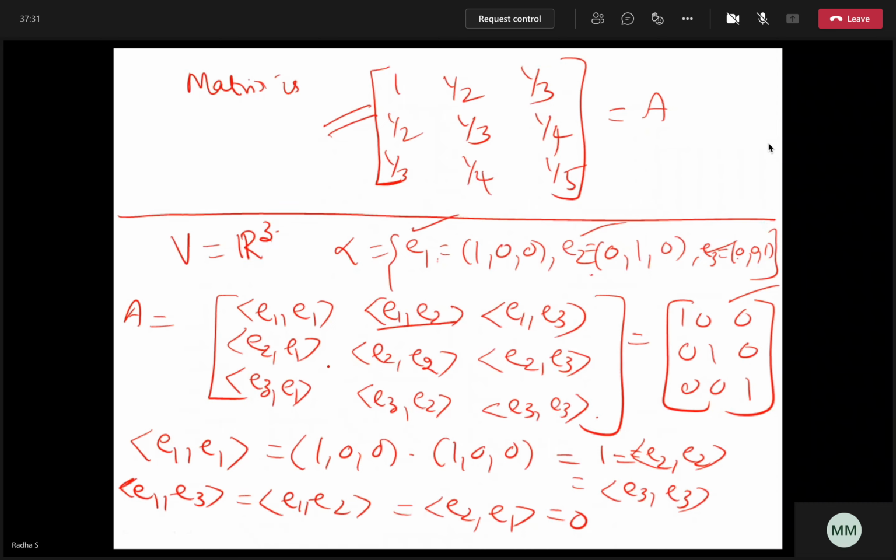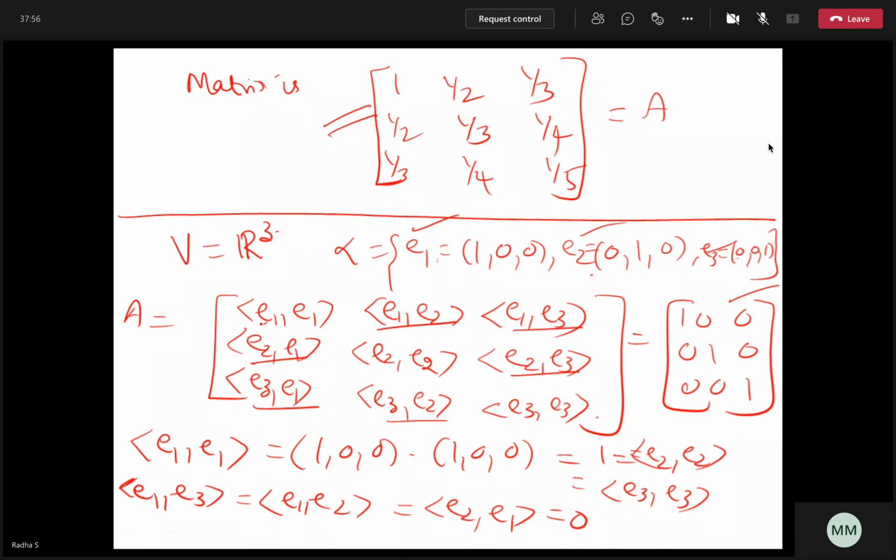The inner product between any two different vectors, E1 and E2, is always 0. That means they are orthogonal to each other.